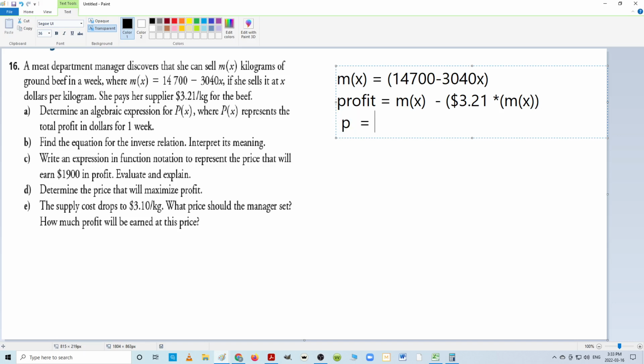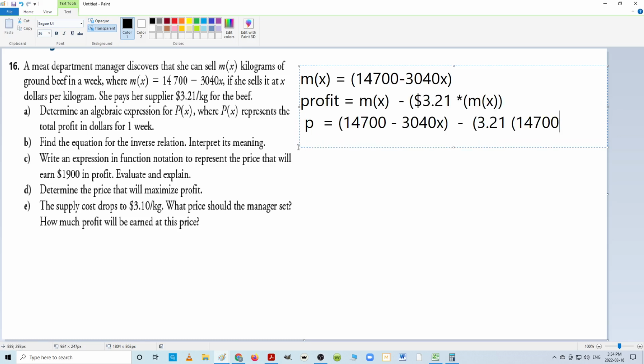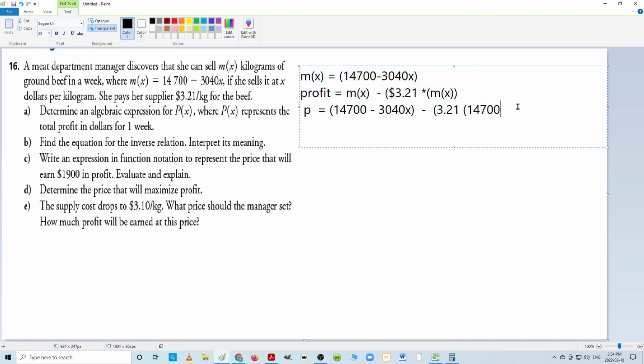Profit is equal to 1,400,700 minus 340x, which is how many dollars she sells hers, minus 3.21 times 1,400,700. See if I can do it on 2 lines here. Minus 3040x.